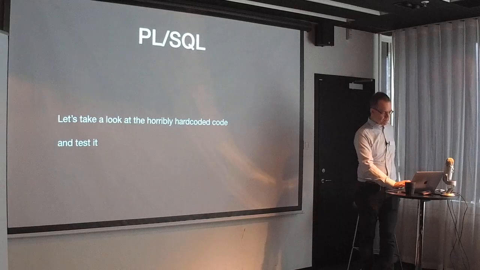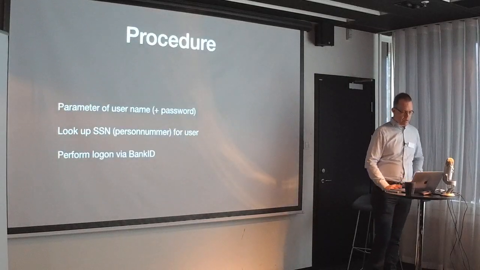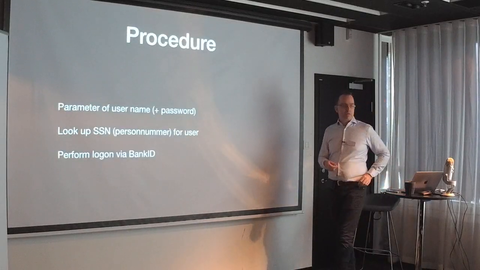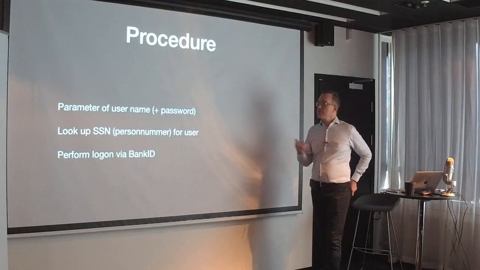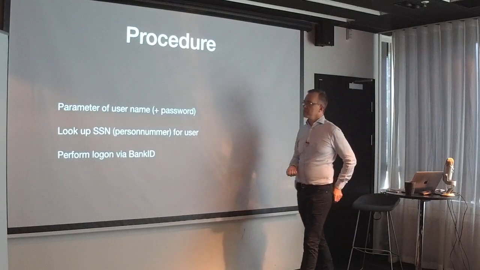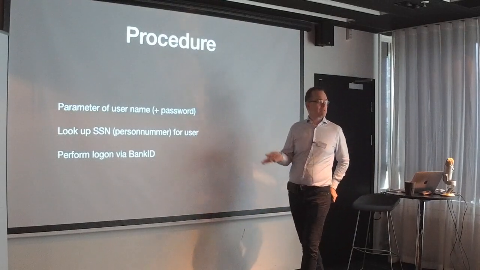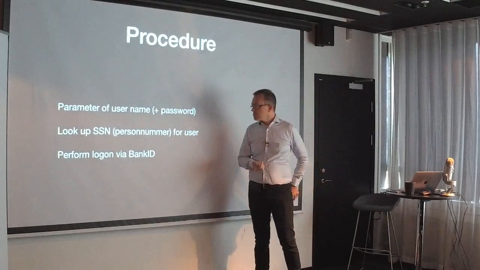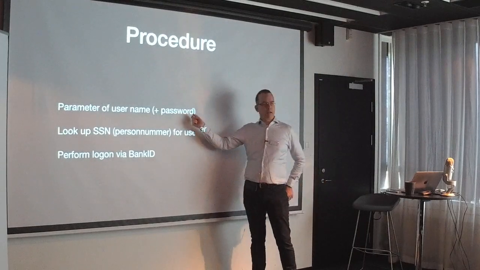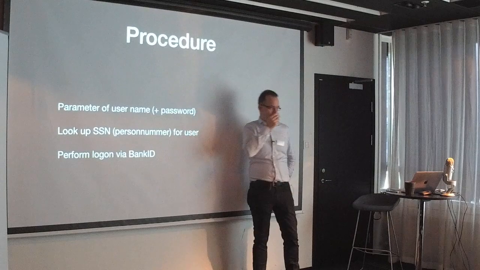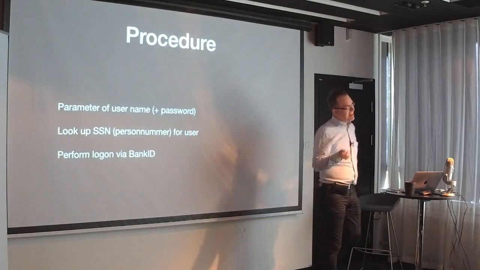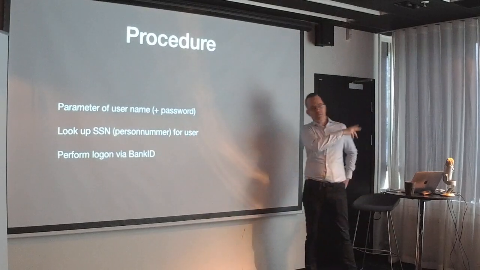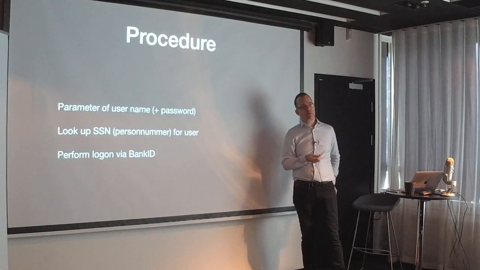So now, we looked at that and we tested it. To make a procedure out of this, it's basically exactly the same code, right? We make a few changes. We put in a username as a parameter. We also put in password, but it's not needed, right? Because it's challenged anyway. We're not going to pick up a password.